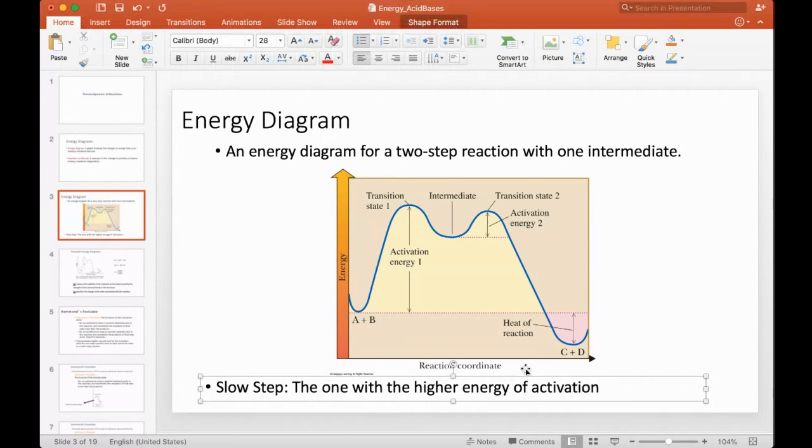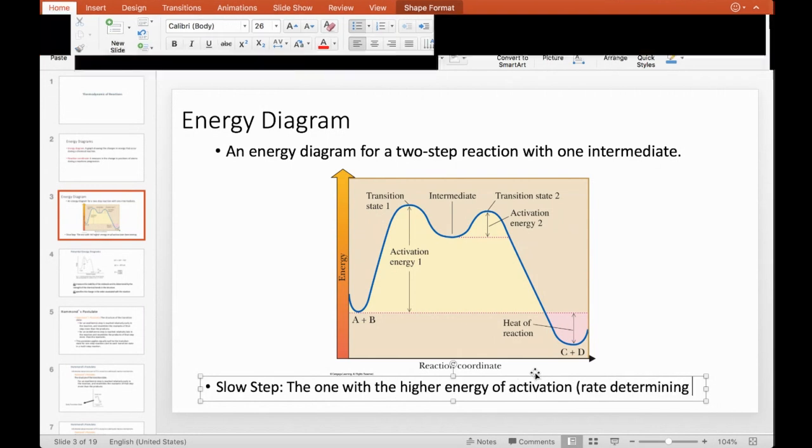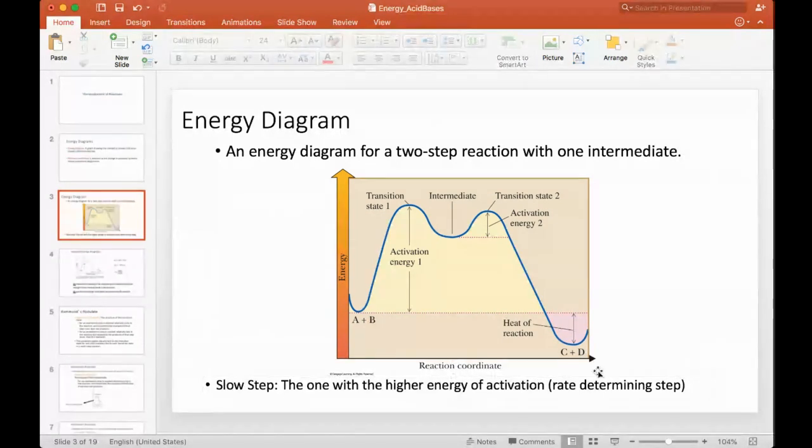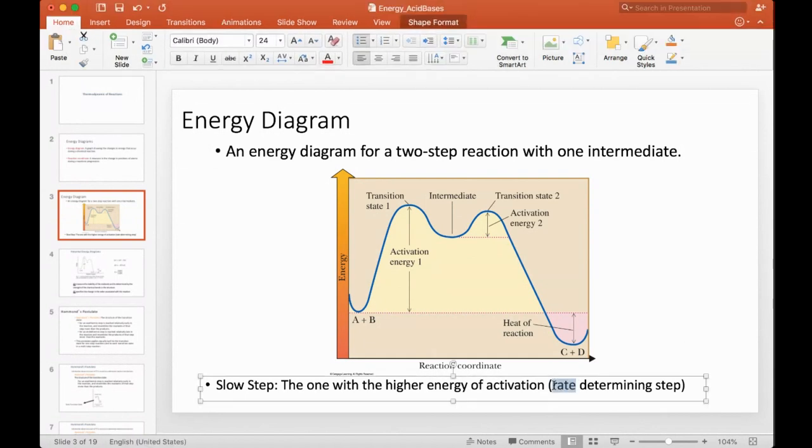And that's the rate determining step, meaning that the overall reaction rate will depend primarily on that first step. The second step doesn't really have a major impact on the reaction rate because it happens very fast. Okay, that makes sense. And that is going to be really important for next semester.